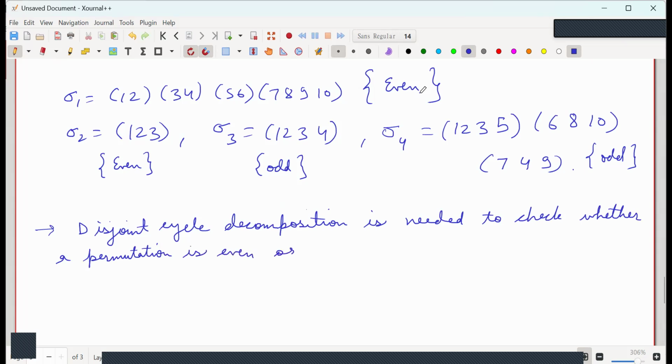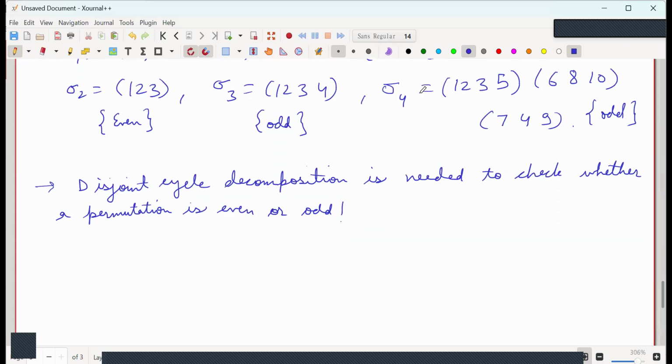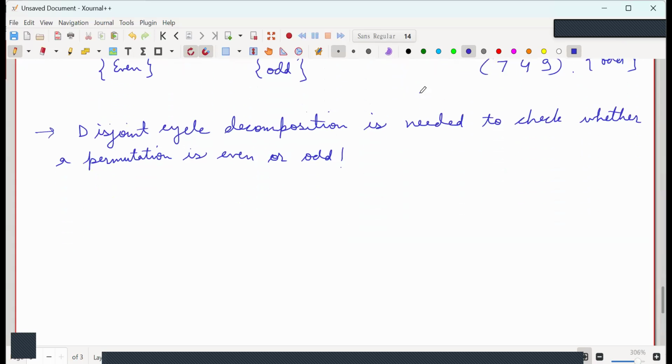Now, what if you are not given a disjoint cycle decomposition? For example, what if I just write sigma to be (1, 2, 3) and maybe (3, 6, 7)?